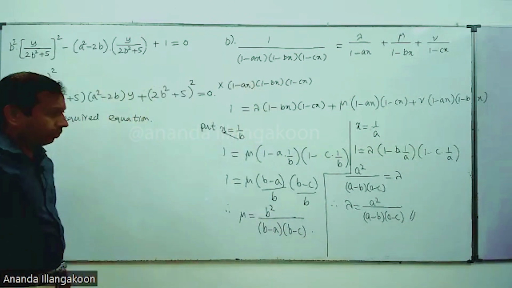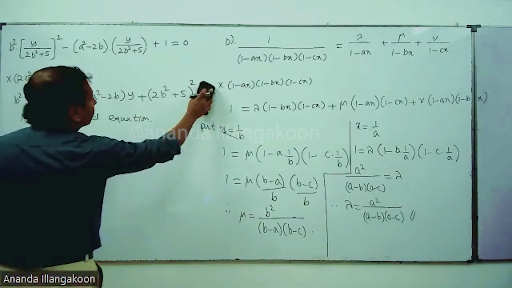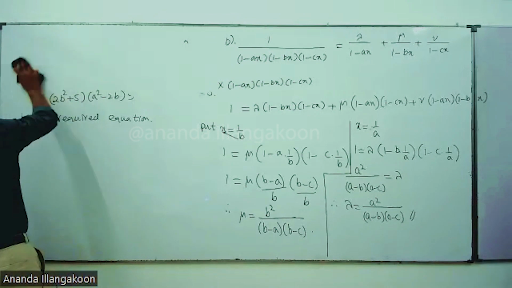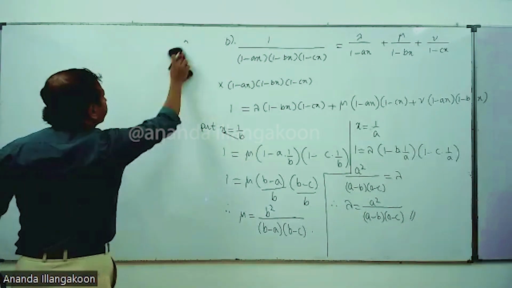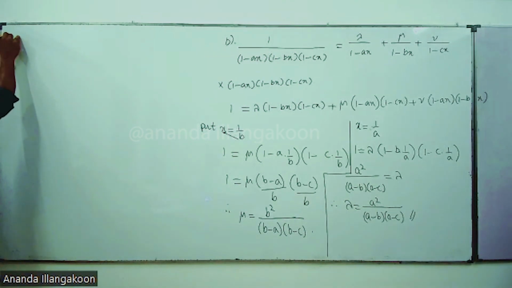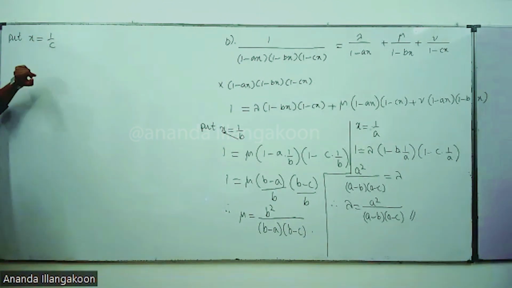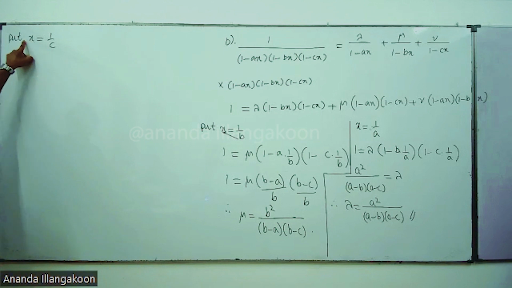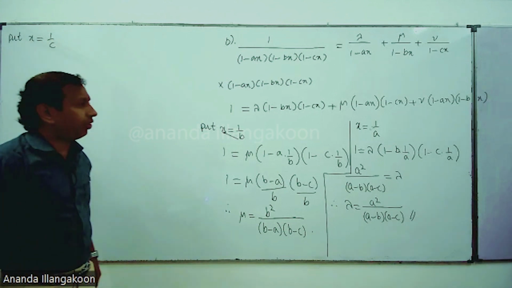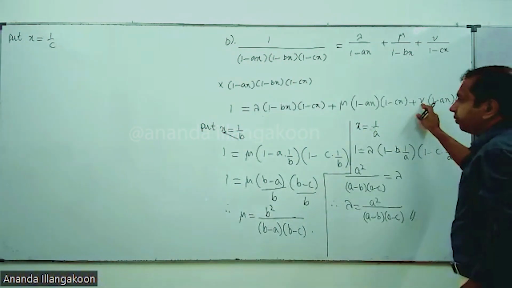Right. Next one, put x equals 1 upon c. When you put x equals 1 upon c, x equals 1 upon c means really what? Taking the c here, cx equals 1. Then 1 minus cx bracket will be 0. Substitute here, left hand side 1.